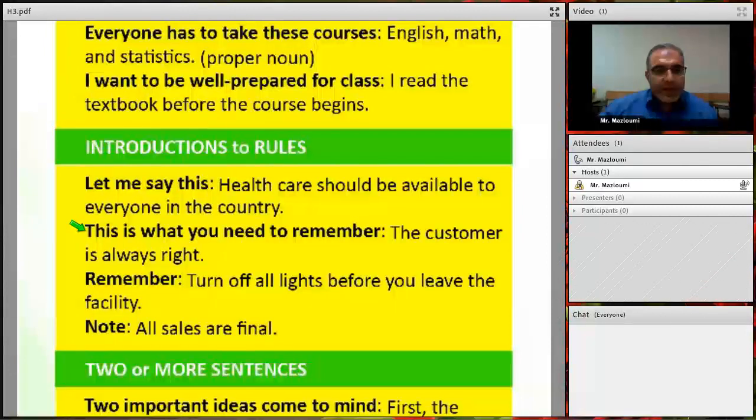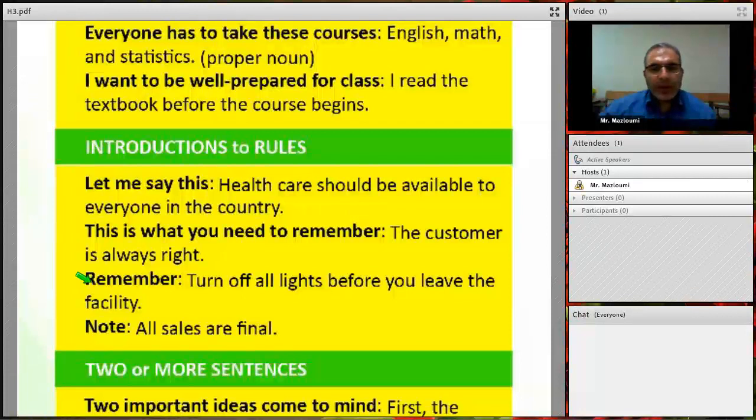Next one. This is what you need to remember: the customer is always right. So, this is what you need to remember. Colon. The customer is always right. The customer, you see, capital T. Remember, turn off all lights before you leave the facility.